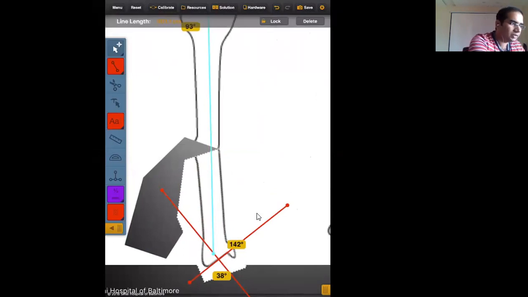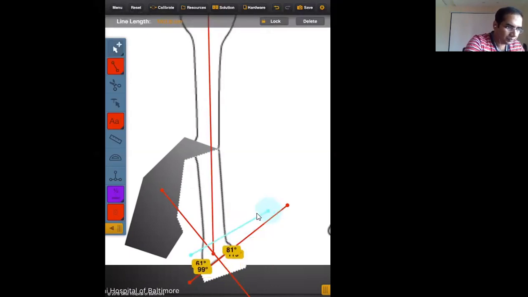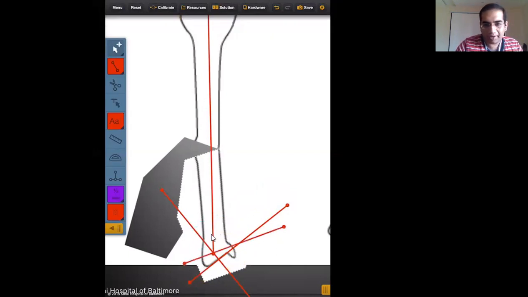Now what we will do is draw a bisector. Bisector will be at 71 degrees. Okay. Now this is the line of the deformity. Now I cannot do an osteotomy over here and damage the medial malleolus. So the rule 1 osteotomy is not practical for me over here.